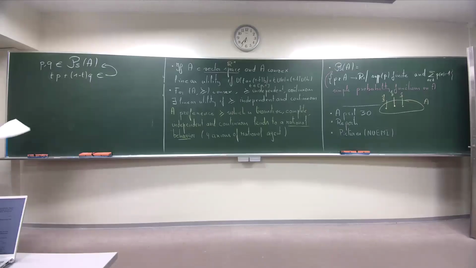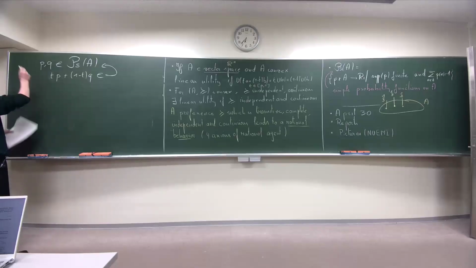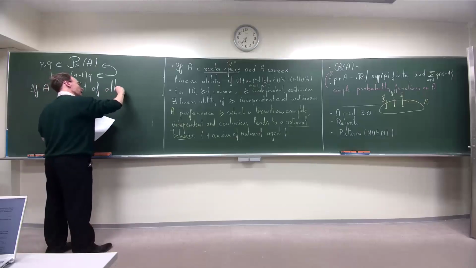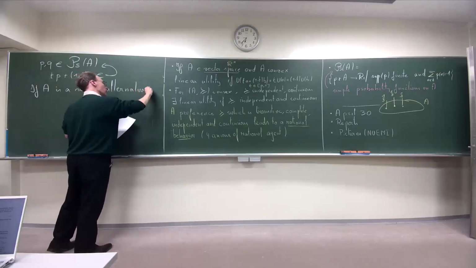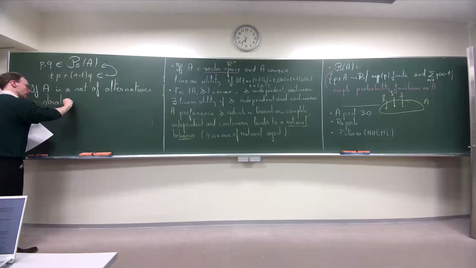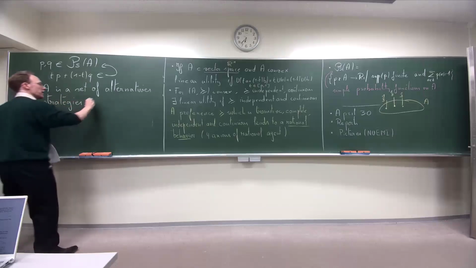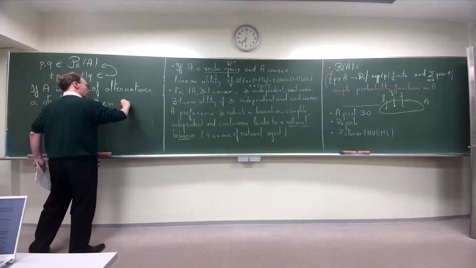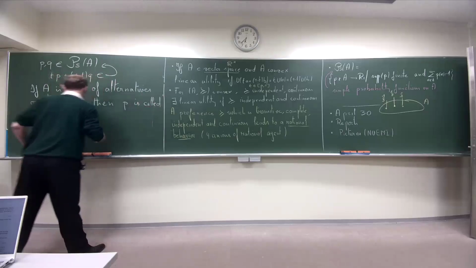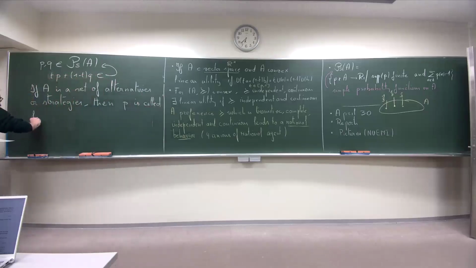Okay. And I call it a simple probability function, but I need to say the name that people use in game theory. So if A is a set of, these are just names, alternatives or strategies, we will see this a little bit later today, then such a function P is called, I don't like this name, but it appears, a lottery.